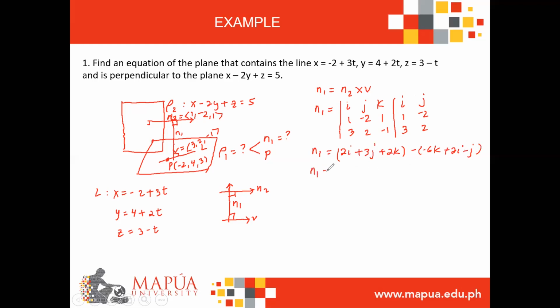So defining now your N1, 2i minus 2i will be 0, 3j plus j will be 4j.